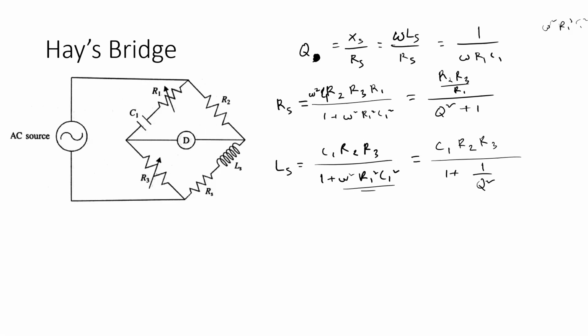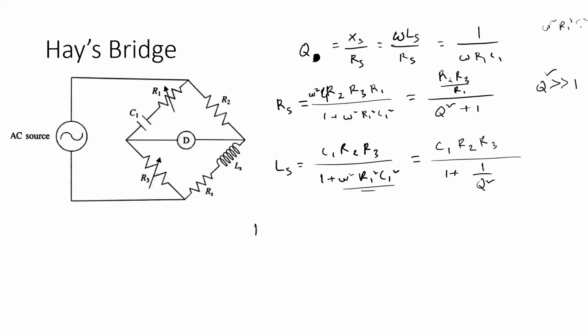As for this particular circuit, we are talking about an inductor that has a high quality factor. So for that, we can further approximate these two expressions to a little simpler form. For Rs, as the value of q is greater than 1, the value of q square will be even greater.